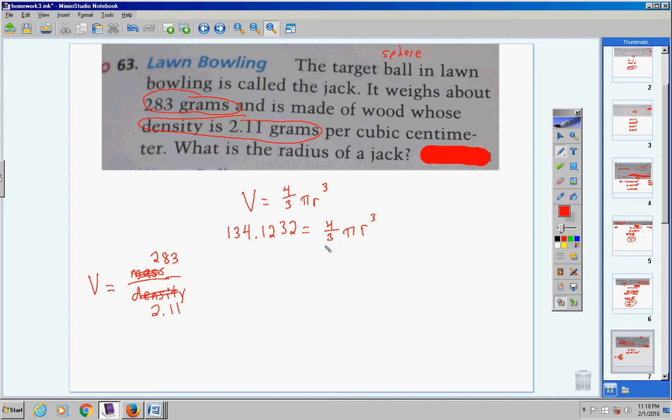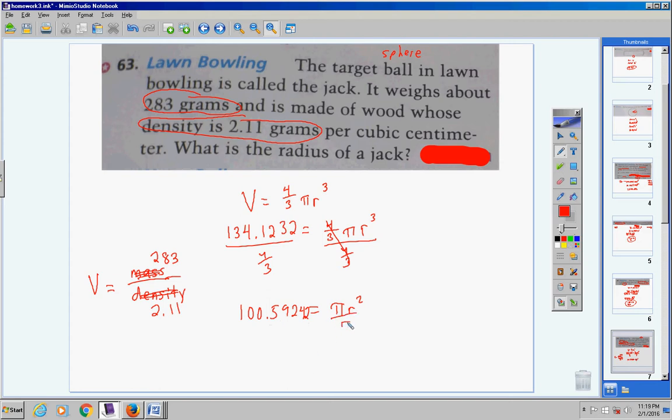Let's take it real slow. Divide both sides by 4/3. These will cancel, leaving you with pi r squared. So I have 134.1232 divided by 4/3, and you're going to get 100.5924 if you round correctly.